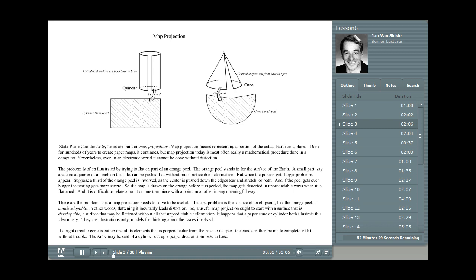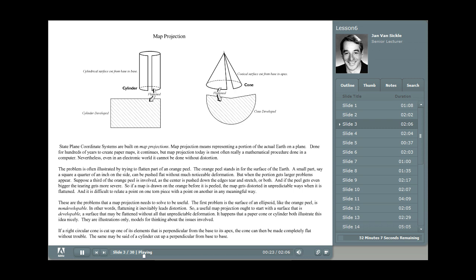State plane coordinate systems are based upon map projections, and this, of course, means projecting a portion of the Earth's surface onto a plane, and those planes need to be developable, meaning that if they are split up an element, they can be flattened.